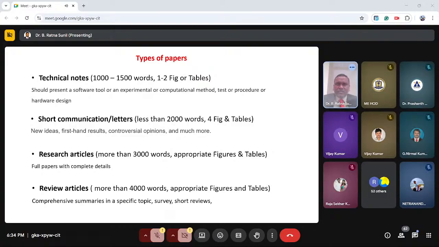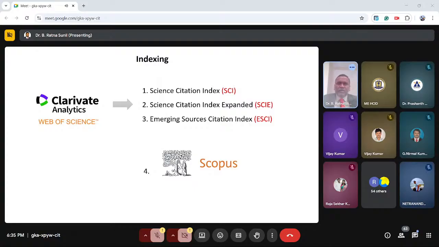So we choose any of these four types of papers, and that will be counted as a scientific publication. We choose based on the data quality and quantity, or else if you don't have any data, you can work out reviewing a specific topic in connection with your area or an upcoming new area. We can push a review article also.